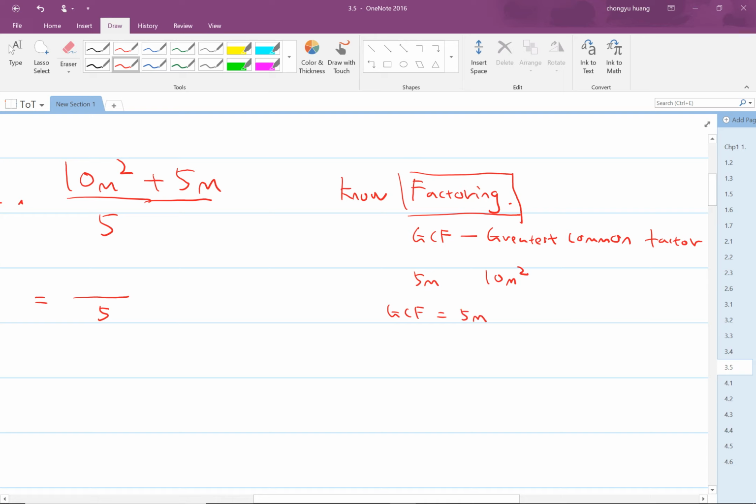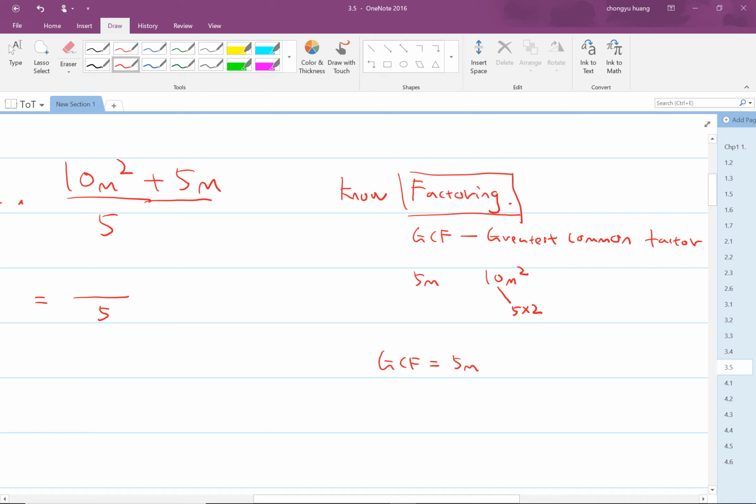You may ask why the greatest common factor between 5m and 10m squared is 5m. Let me explain a little bit: 10 is equal to 5 multiplied by 2.